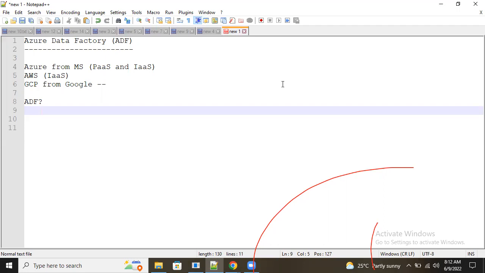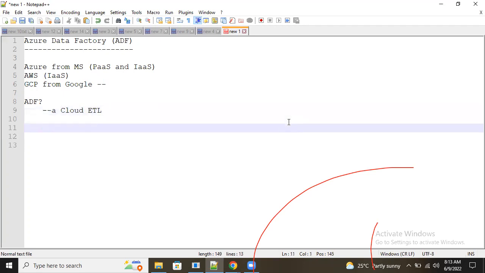It's not defined by Microsoft or any book. ADF, Azure Data Factory, is nothing but a cloud ETL. Now, what do you mean by ETL?